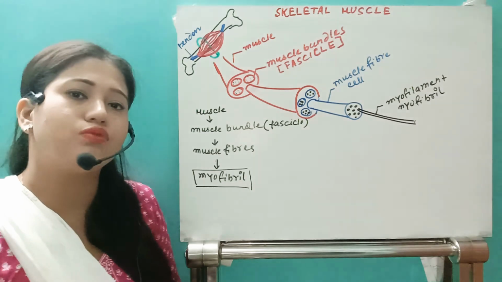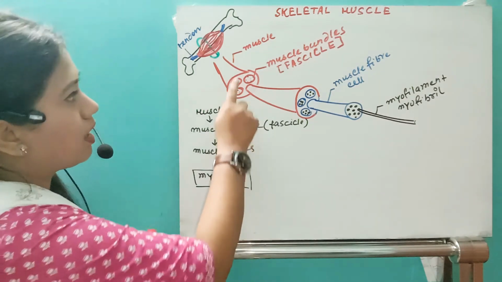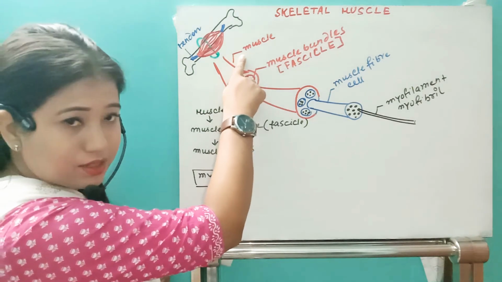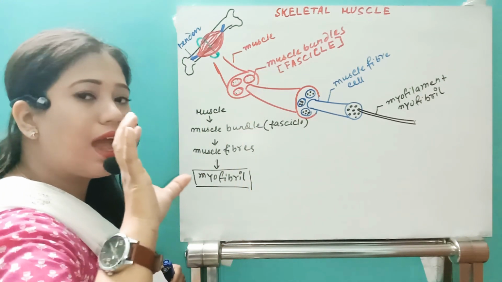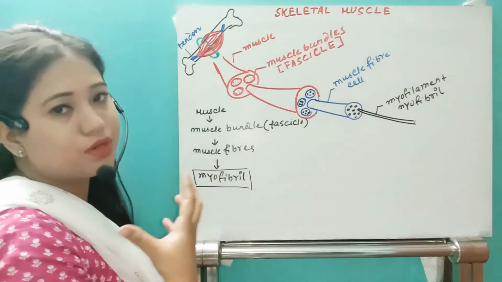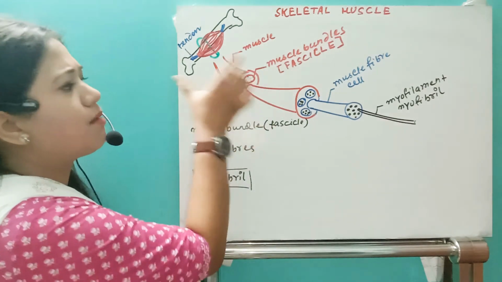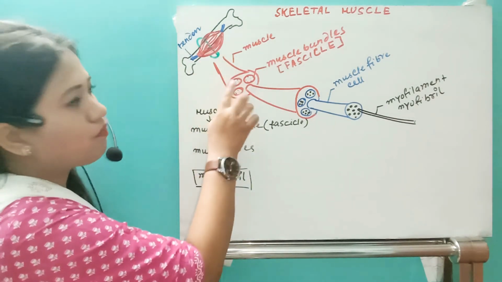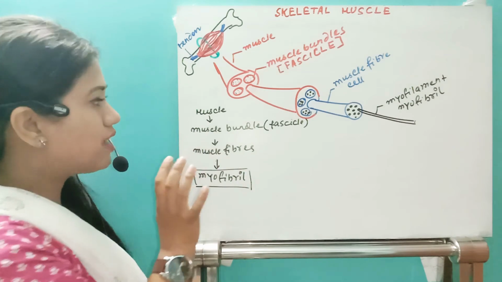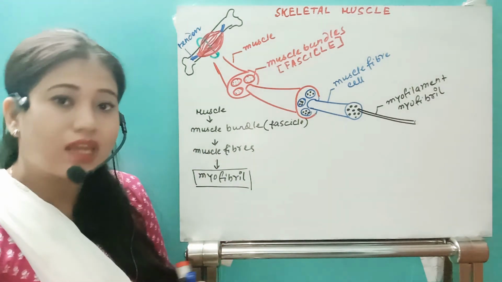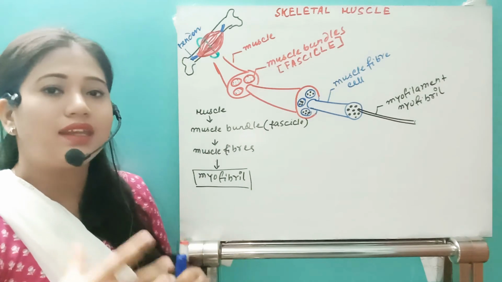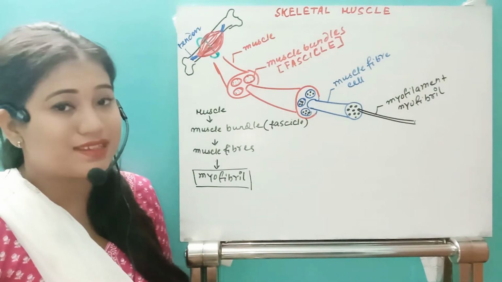One thing you also need to know: here this is the muscle, and these muscles will be present in numbers. Suppose a number of muscles are present together. We have taken one muscle only. Those muscles present together in another large bundle will be known as the fascia.